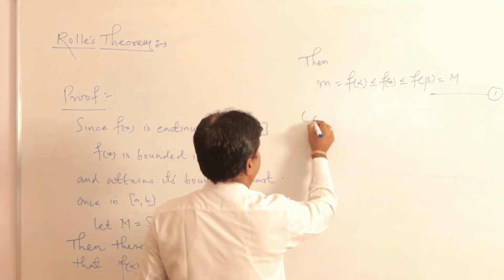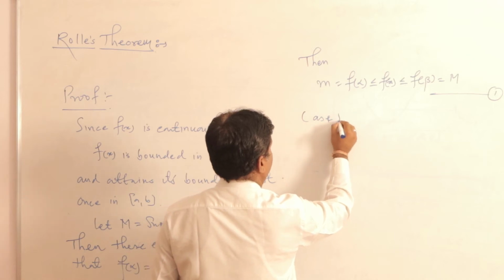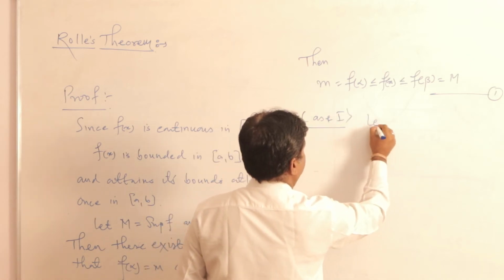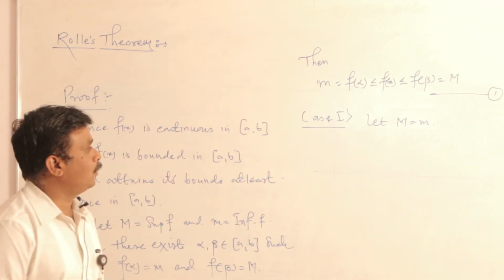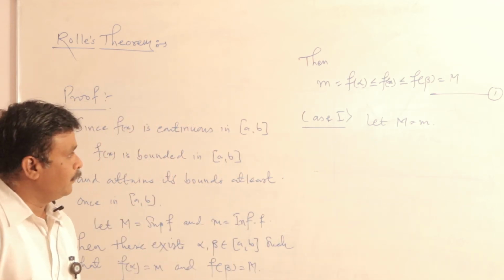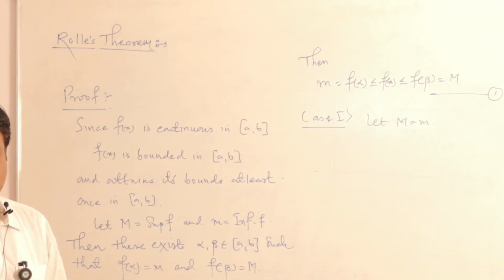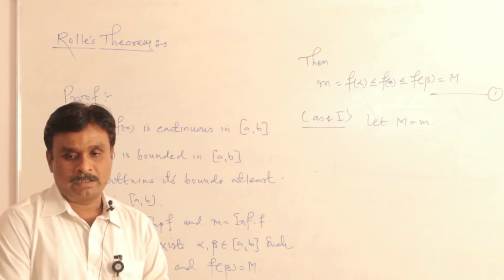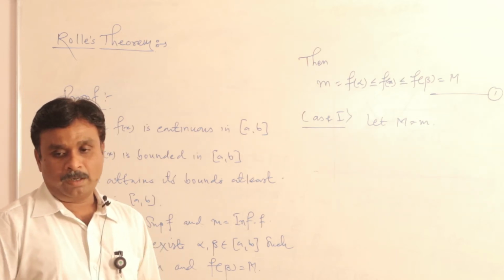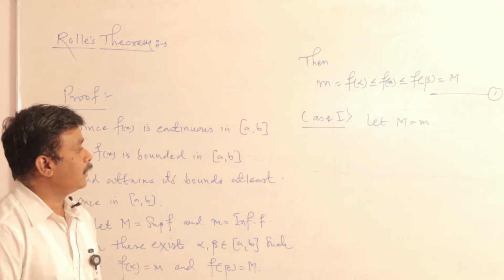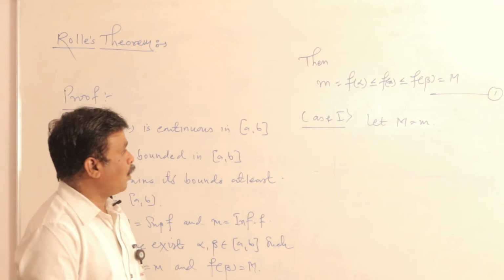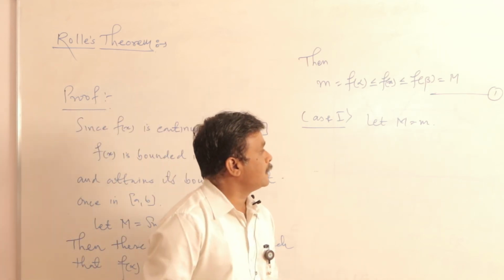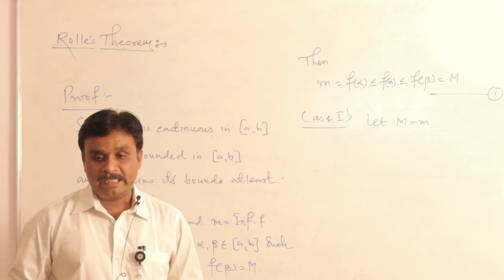So now consider the first case. Let capital M be equal to small m, that is, the supremum value of f is equal to the infimum value of f. So in this particular case, the minimum value and the maximum value are the same.